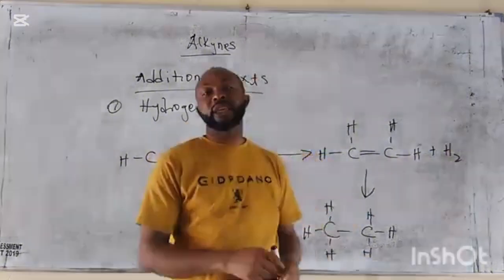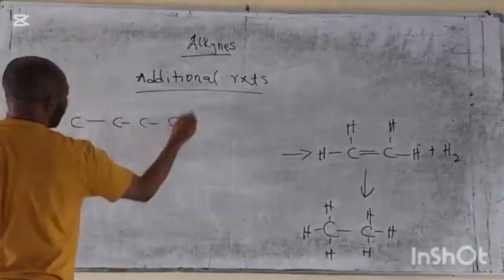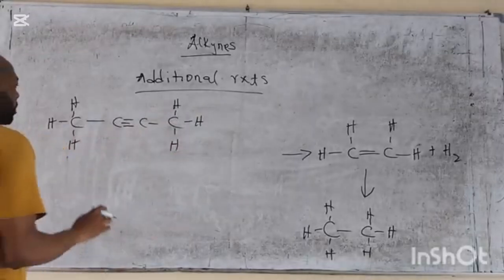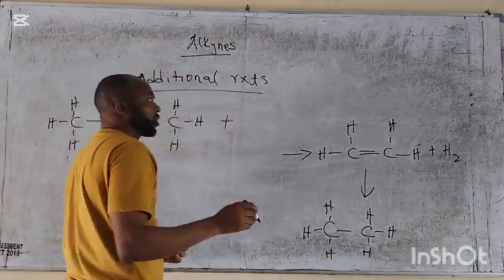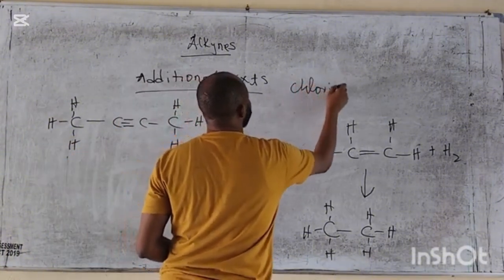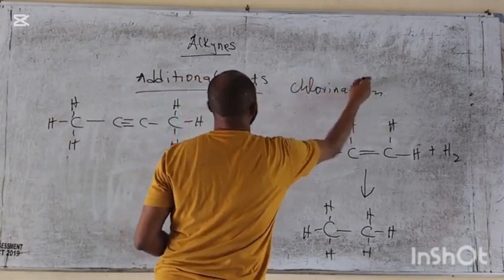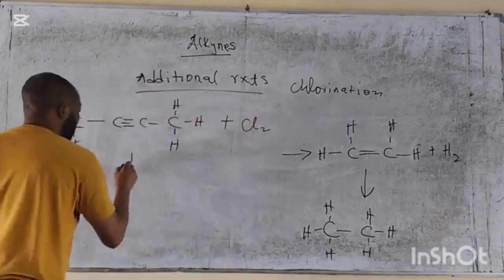So let's see what happens with another example. Okay, this is it. 2-butene reacting with, let's call it chlorination now. Chlorination. Reacting with chlorine, Cl2. What do you get when you do that?